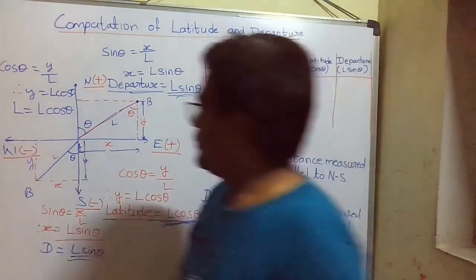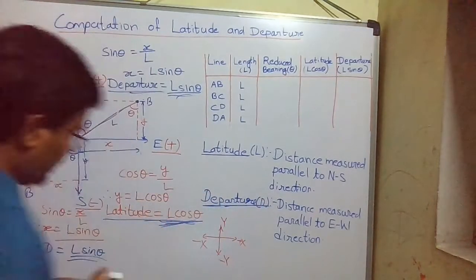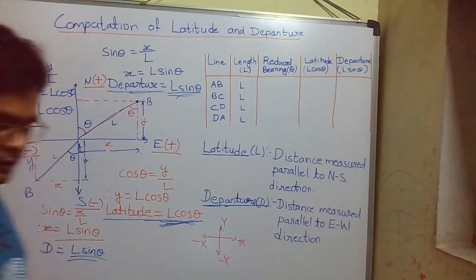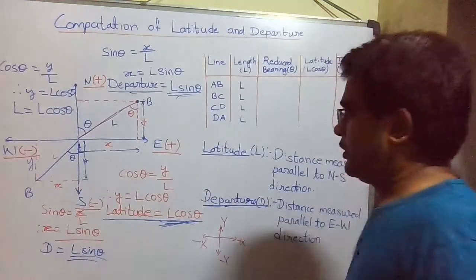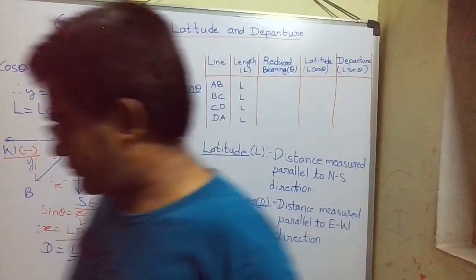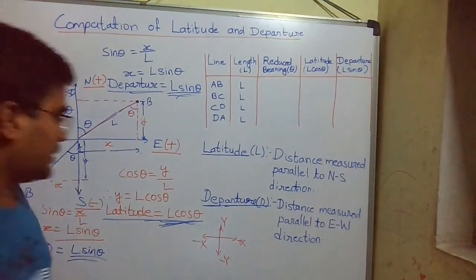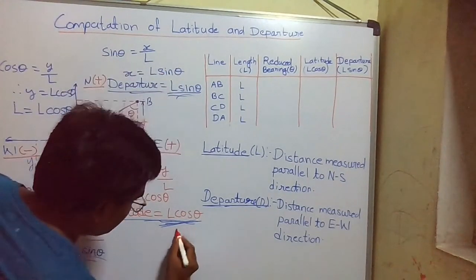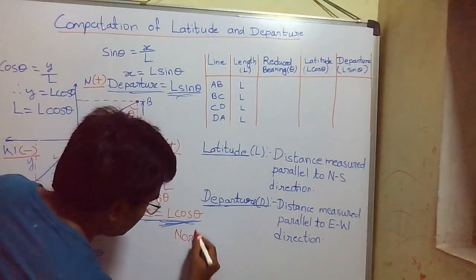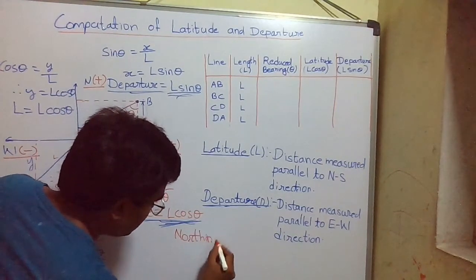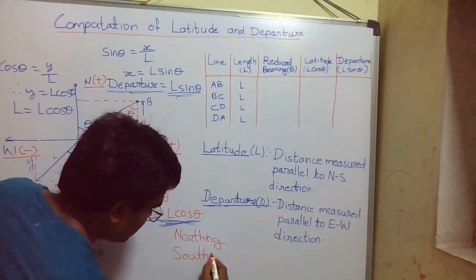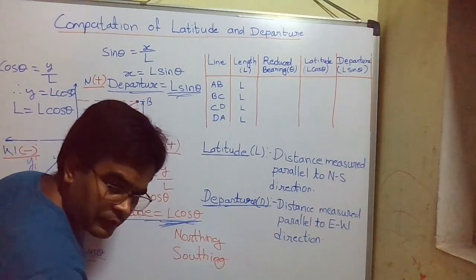Also here latitude, here we have seen latitude along north. There are some more concepts such as northing and southing.